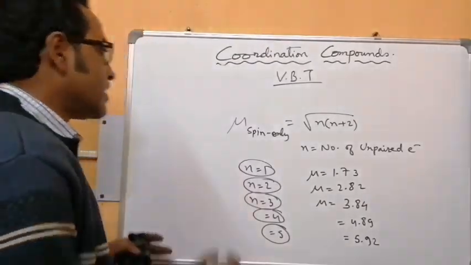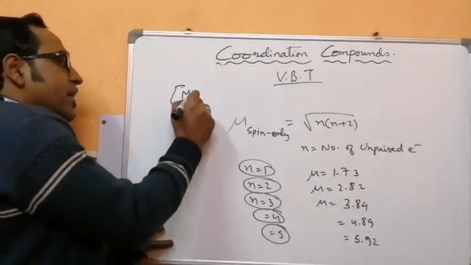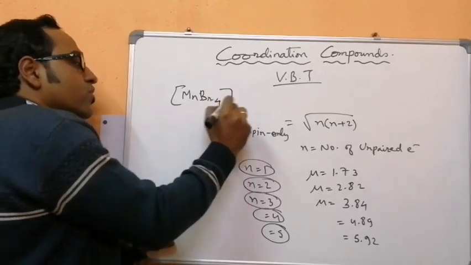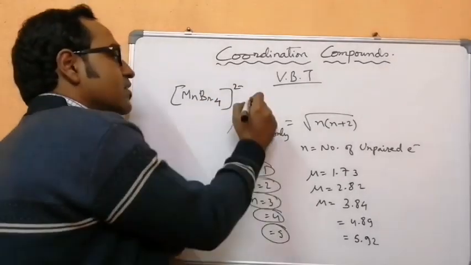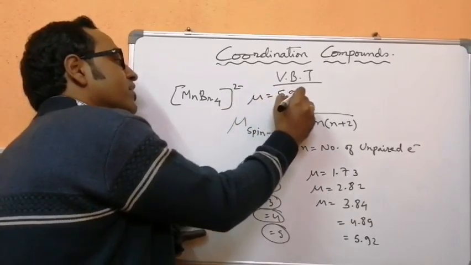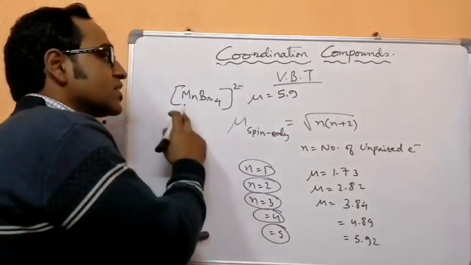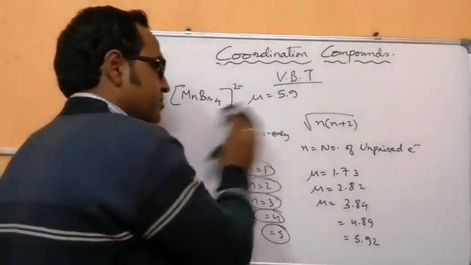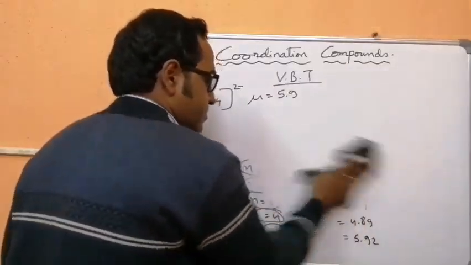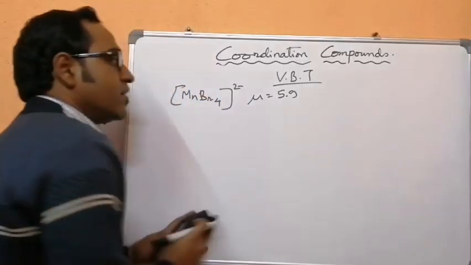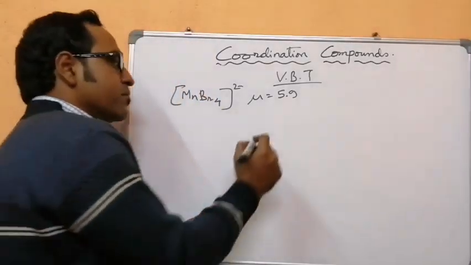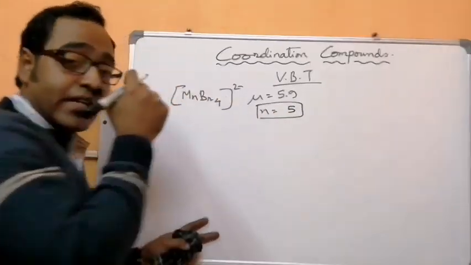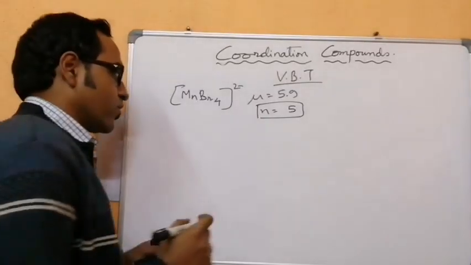For example, in the complex of the type MnBr4 2-, the mu is 5.9. What is the shape or hybridization of the central atom? Now mu 5.9 means n will be 5. That means it contains 5 unpaired electrons.